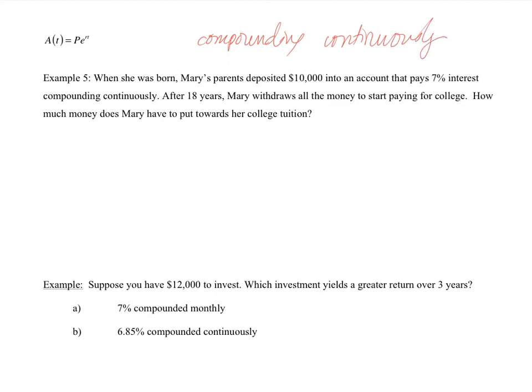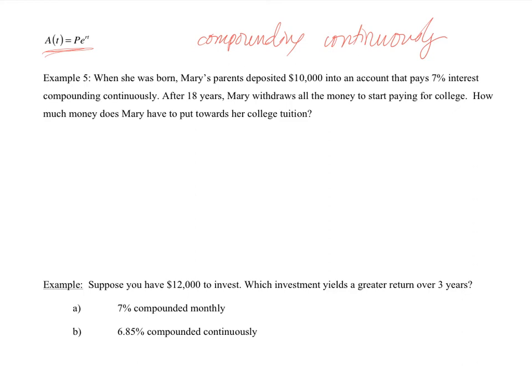So if your word problem says that it's being compounded continuously, you're going to use the PERT formula. So the final amount will be equal to the initial amount, P, times e to the RT, where again, R is the rate, T is the time.